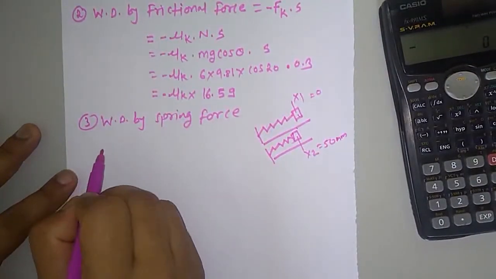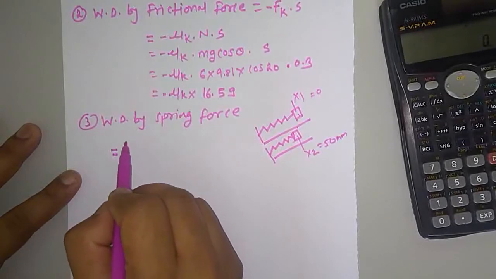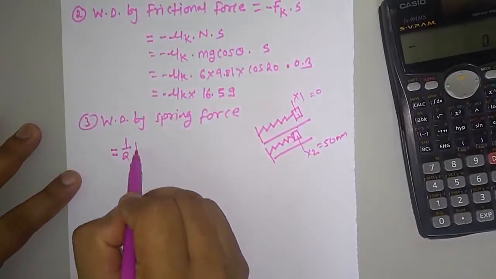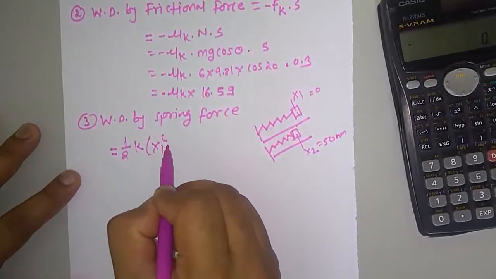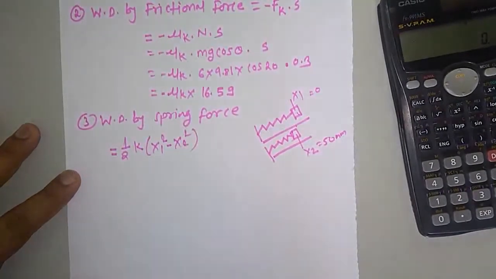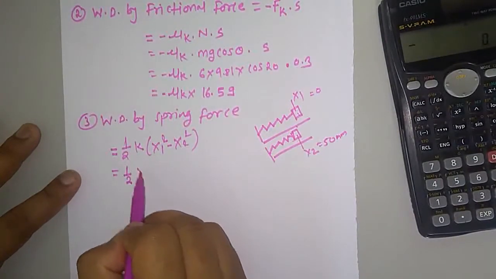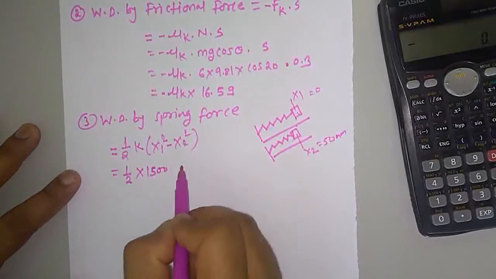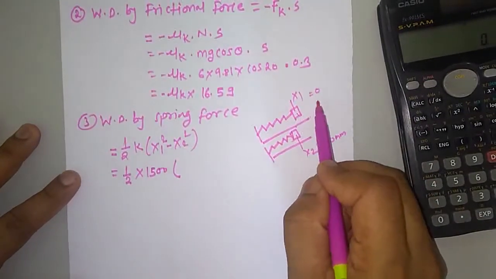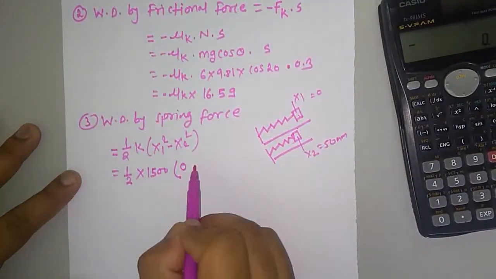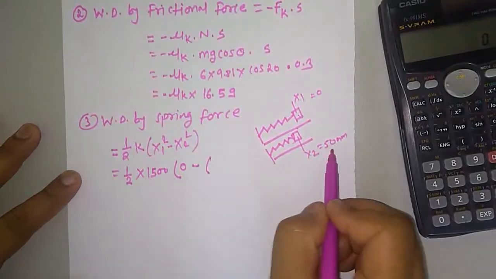So what is the work done by the spring force? Work done by the spring force is given by 1 by 2 k, k is the stiffness of spring, in bracket x1 square minus x2 square, right? So 1 by 2, stiffness of spring is given, that is 1500. Consider this is the initial position of spring, which is 0. After this there is a deflection of 50 mm.